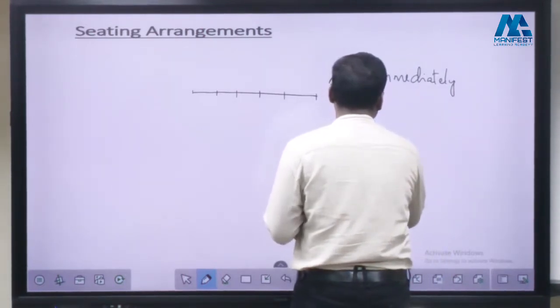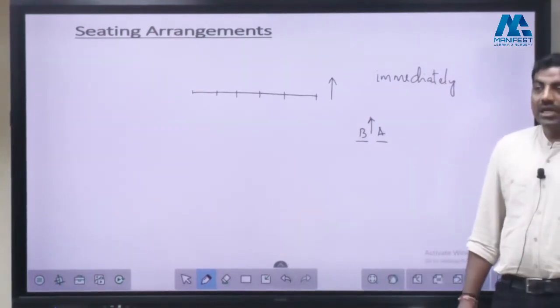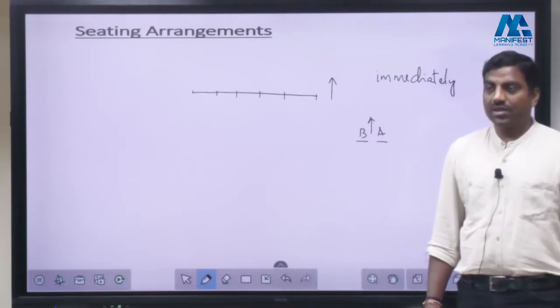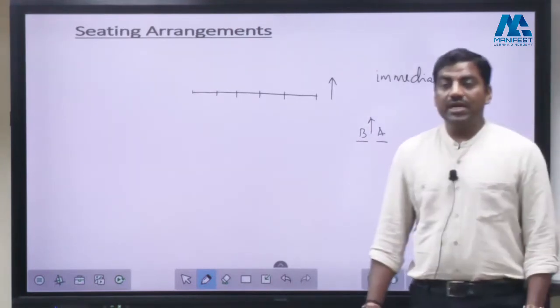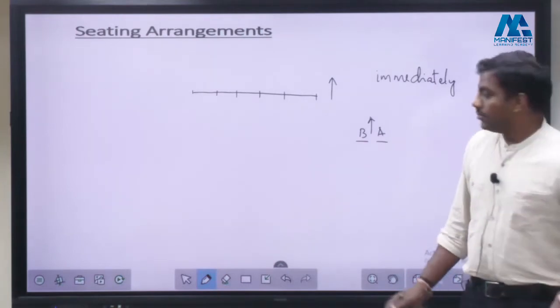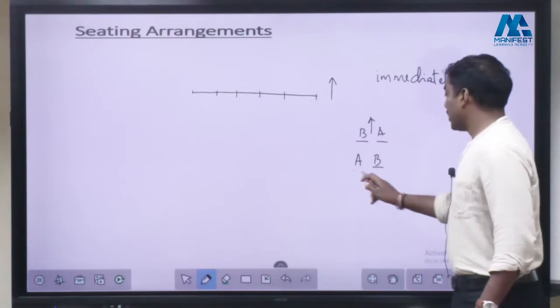If B is sitting like this, A will come to his right. If the sentence is opposite, A is sitting immediately next to B, then it will change, like A will come here and B will come here.